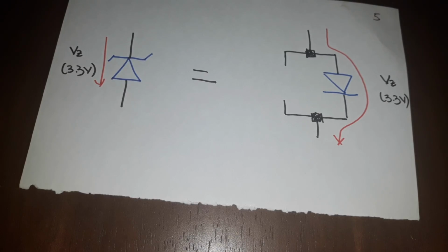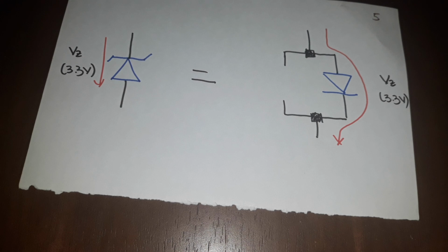But going the other way, there is a different voltage drop called the Zener voltage, or VZ. In this example, it is 3.3 volts. This Zener diode will not allow current to flow in this direction unless there is at least 3.3 volts across it. It is like the forward bias that I have shown a while ago.